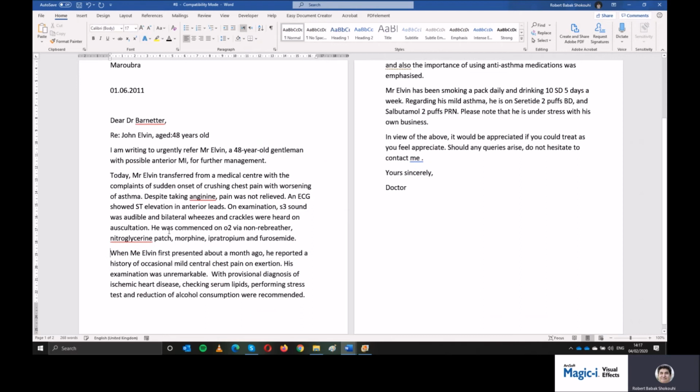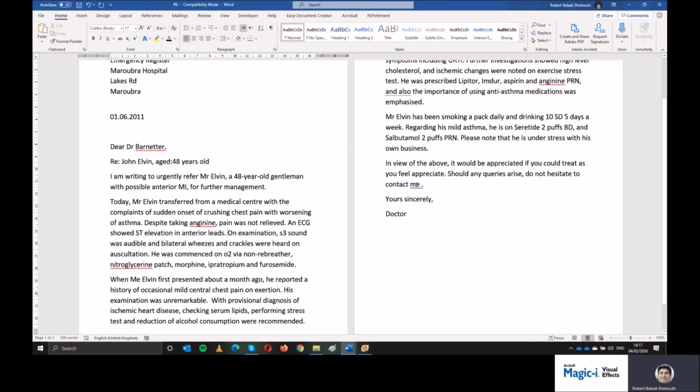So basically, he's come with a possible anterior MI. He came with sudden onset chest pain, with worsening of asthma, and that didn't respond to angionin. ECG showed ST elevation in anterior leads. On examination, S3 was audible, bilateral wheeze and crackles were heard. He was commenced on these.